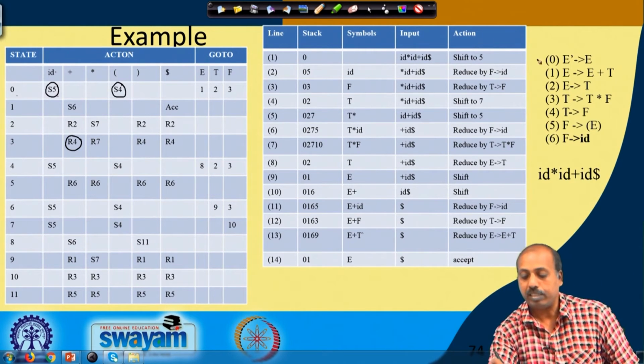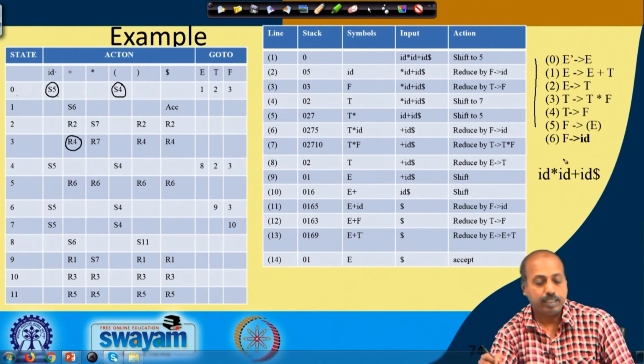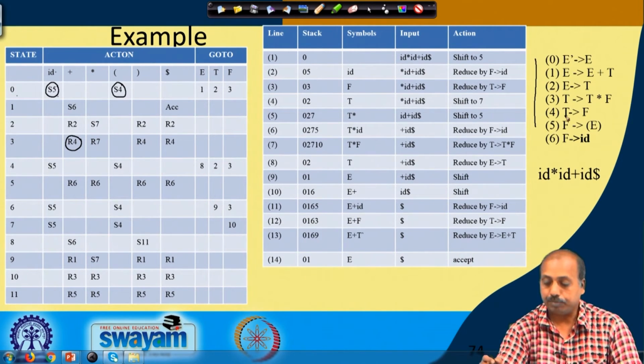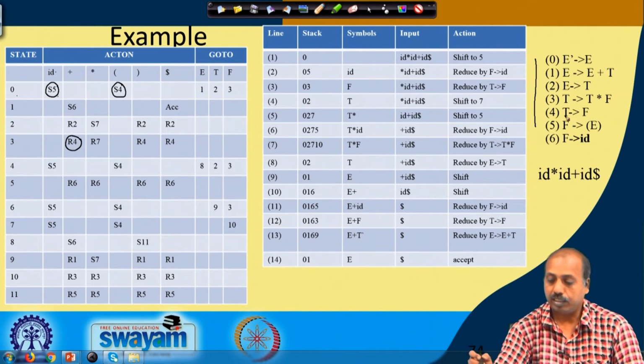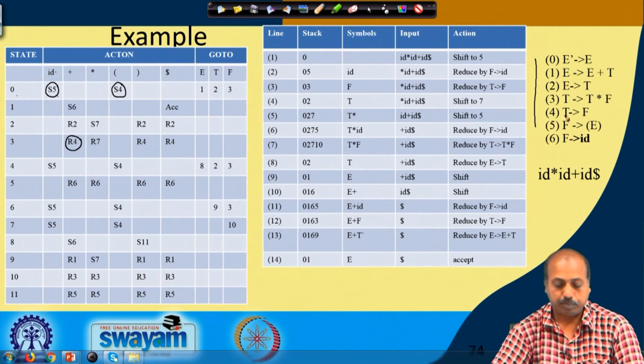For that purpose, these grammar rules are numbered like 0, 1, 2, 3, 4. So, it says that you have to apply a grammar rule and do the reduction by that. Okay.